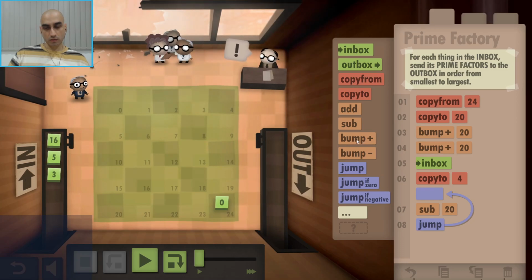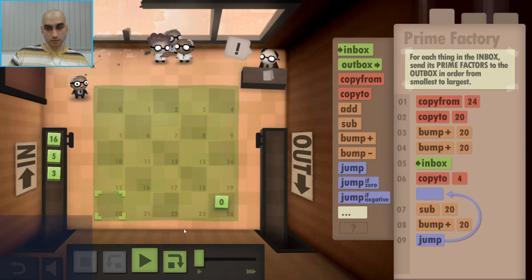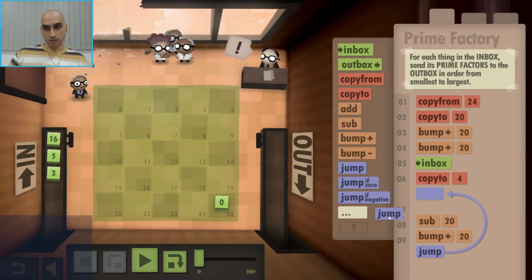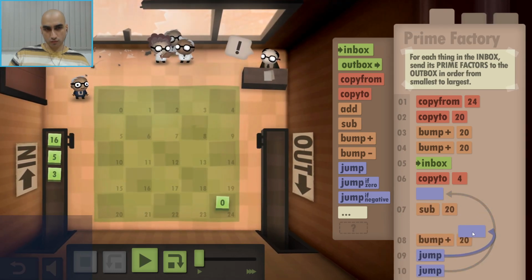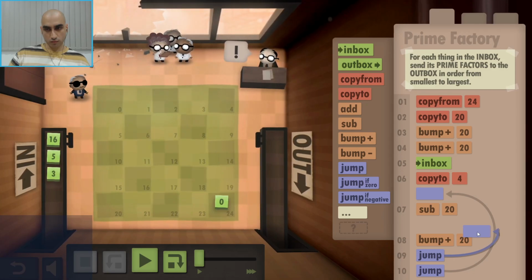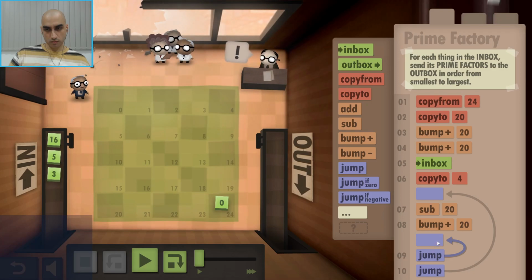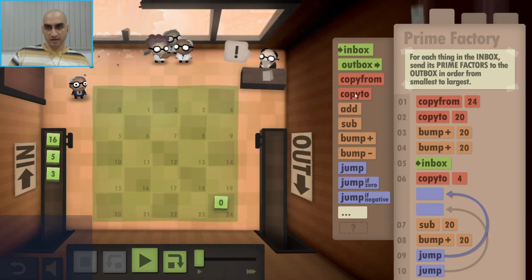So we bump the factor and we jump back to the beginning of this algorithm.